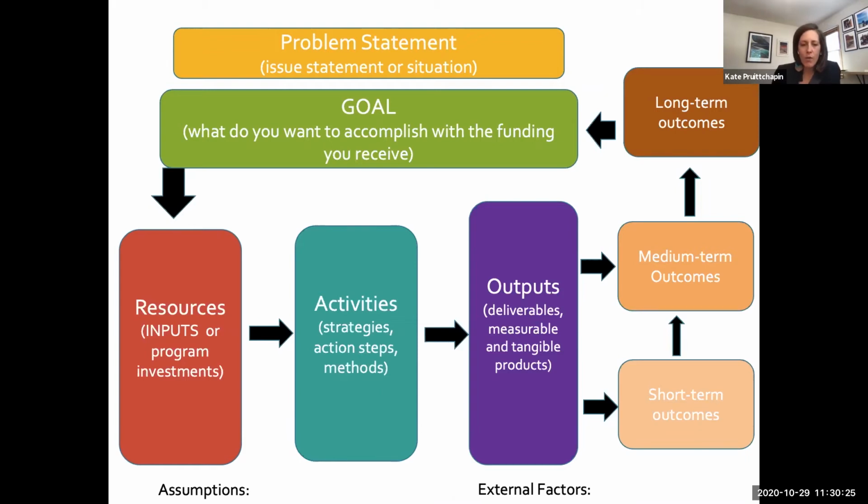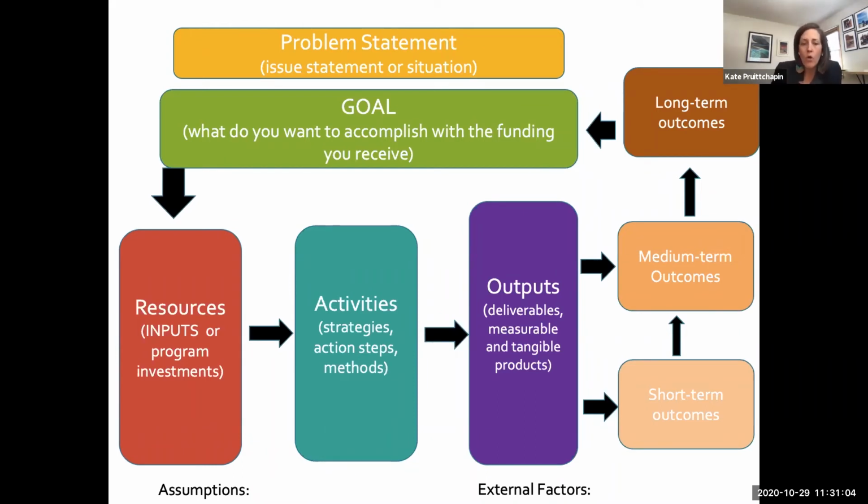Let me share an example from a program I worked with on their evaluation. The problem was that in their region, in the state, there was a lack of recovery support services for folks with substance use disorders. There was a particular lack of availability for people in the community seen as particularly vulnerable: homeless, have HIV, IV drug users, may be pregnant, have a history of incarceration.